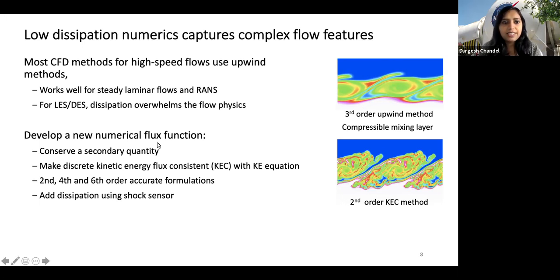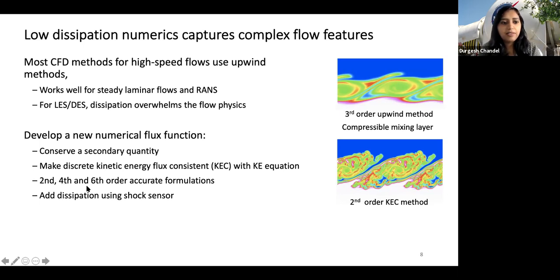So in US3D, my colleagues have implemented kinetic energy flux consistent schemes, where they have the discrete kinetic energy flux, so that in every time step of the solver, the kinetic energy is conserved in the discrete sense.